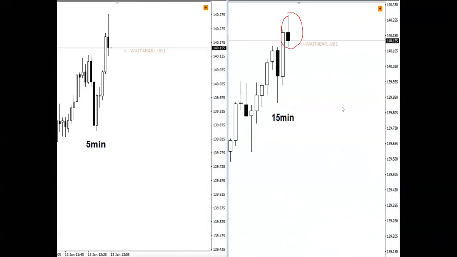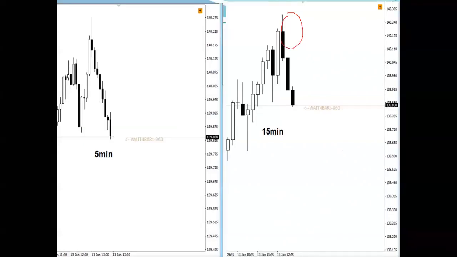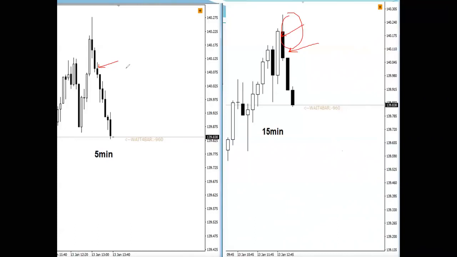When this 15-minute candle closes, on the 5-minute you can see this is the last 5-minute candle of this 15-minute candle. This is where it closed. If it closed like this, it means we're probably not going to continue going up to fill this range. If we're moving down, you're probably going to enter at a confirm.